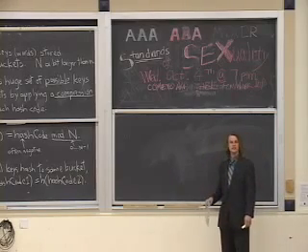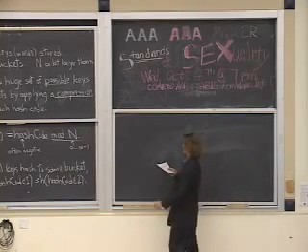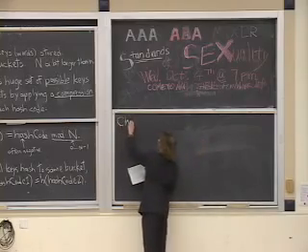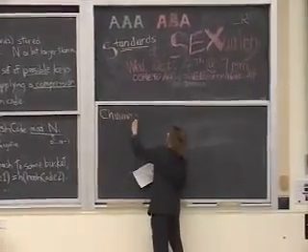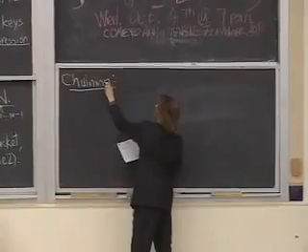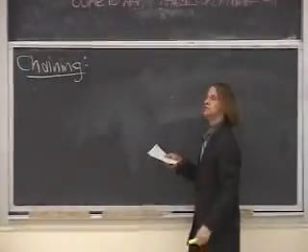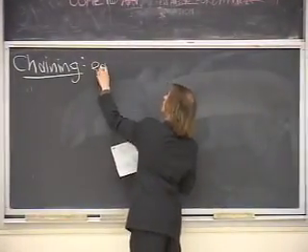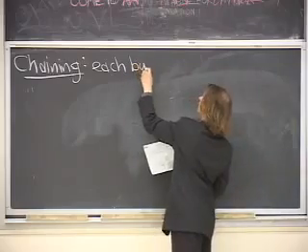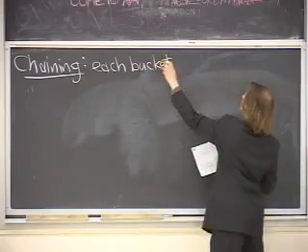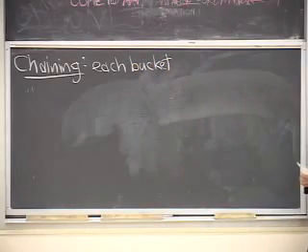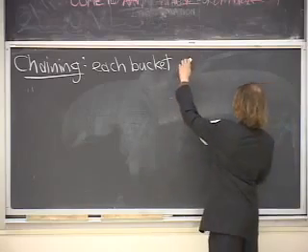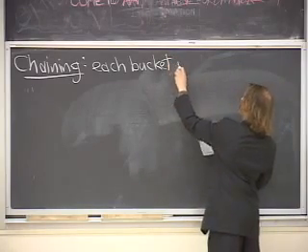So here's how we handle these collisions. We do something called chaining. What is chaining? Each bucket is no longer going to store just one word and one definition. Instead, now each bucket is going to store a linked list of entries.